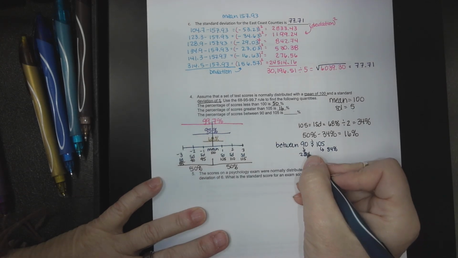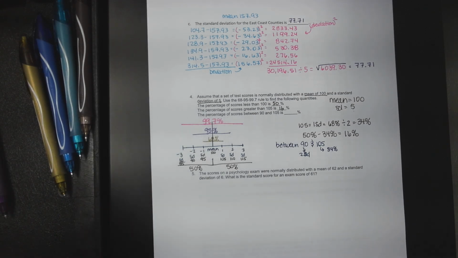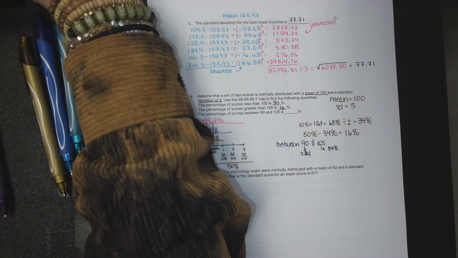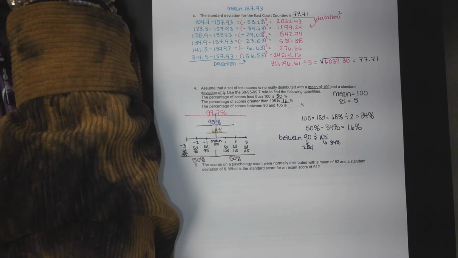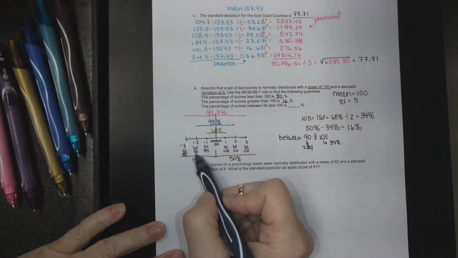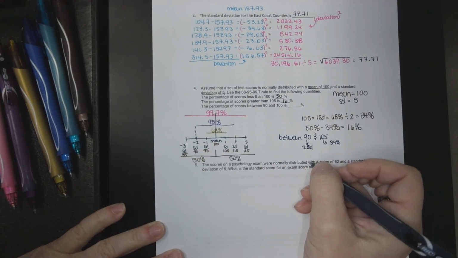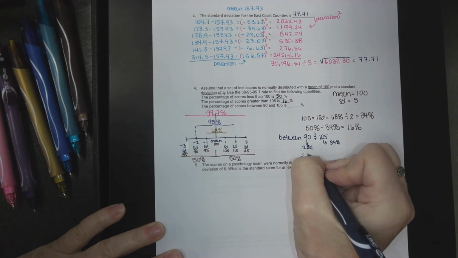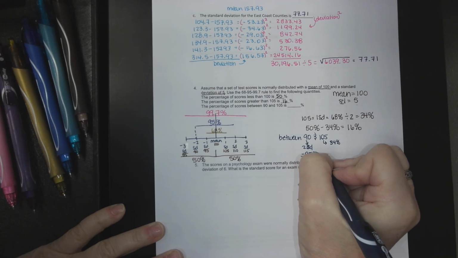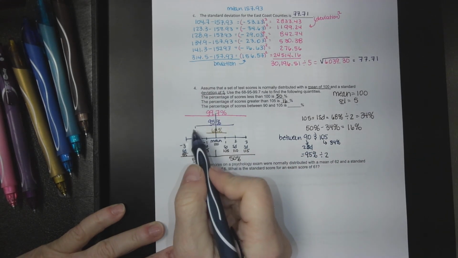So if we take 2 standard deviations, okay, 2 standard deviations, we know that that's our 95, right? So here this is going to equal 95%. Once again, we're going to divide that by 2, right, because we're just down here.